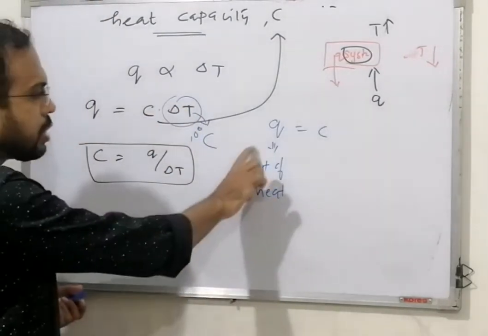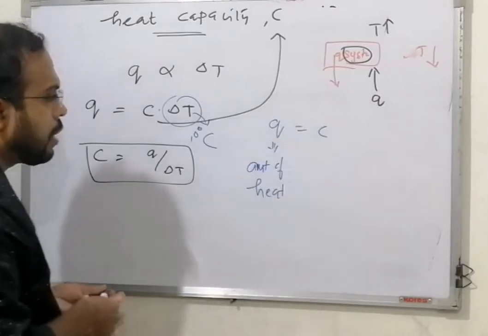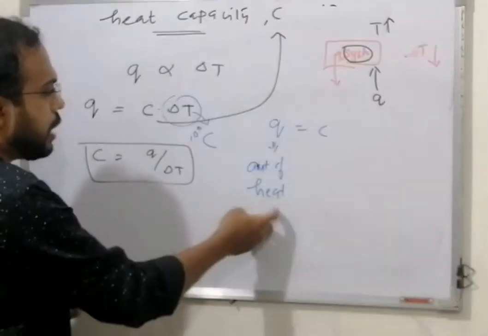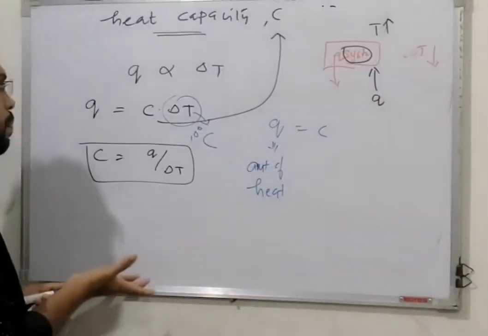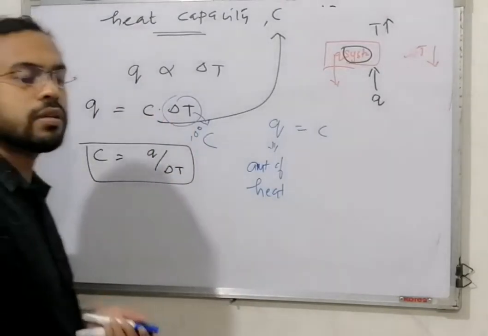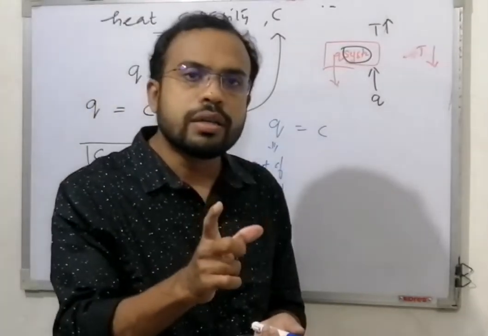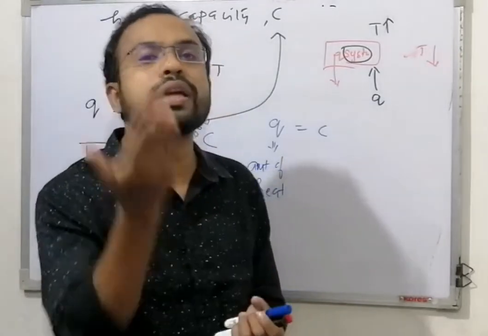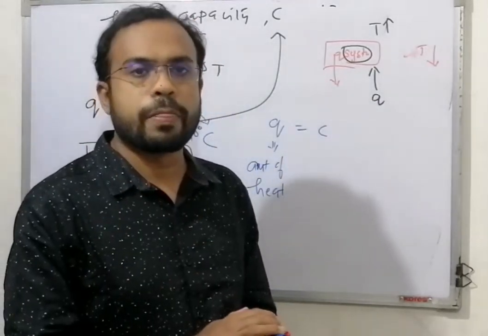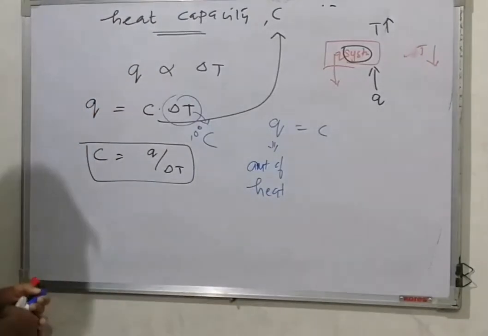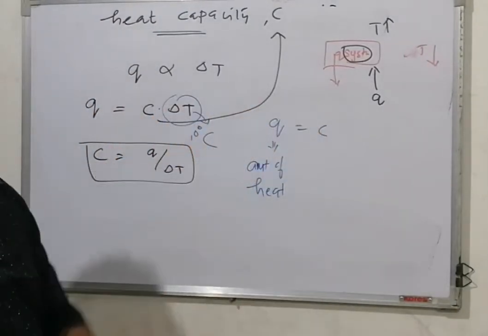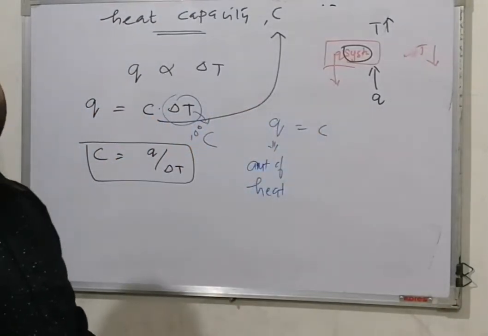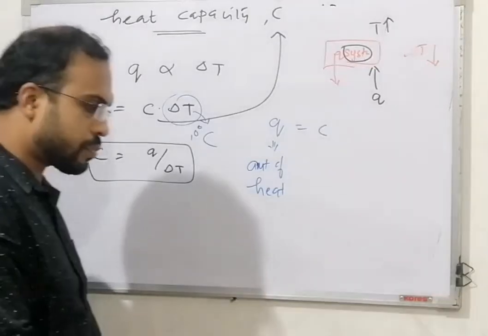Heat capacity is nothing but the amount of heat released or absorbed by a system to decrease or increase its temperature by 1 degree centigrade. Okay. Therefore, Q is equal to C when the temperature change becomes 1 degree centigrade.